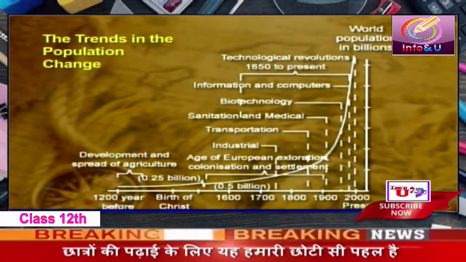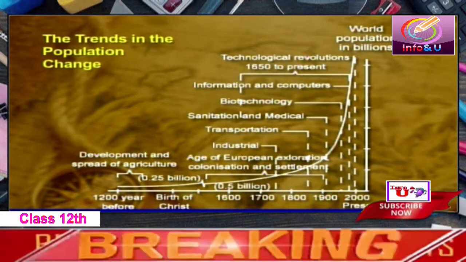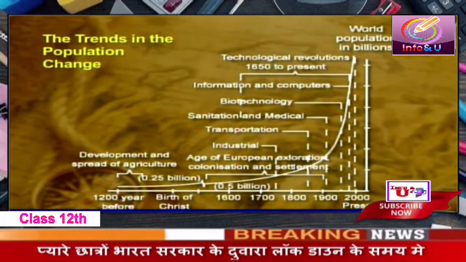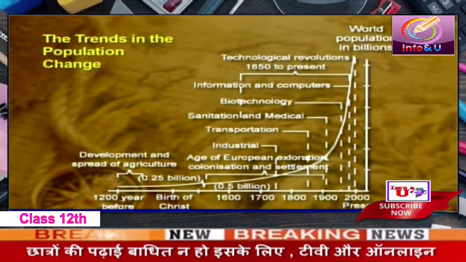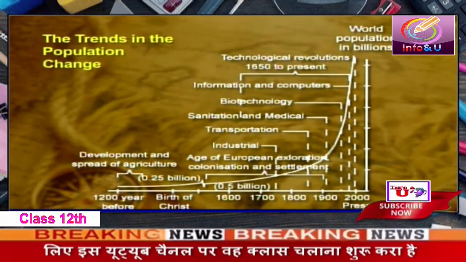The early period recorded a gradual growth in population. The development and spread of agriculture did change the population. Nonetheless, the population growth was negligible. In the 1st century AD, it was less than 300 million.